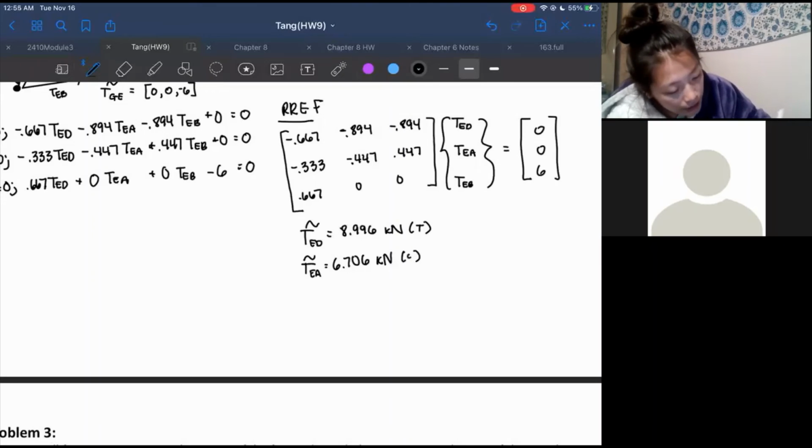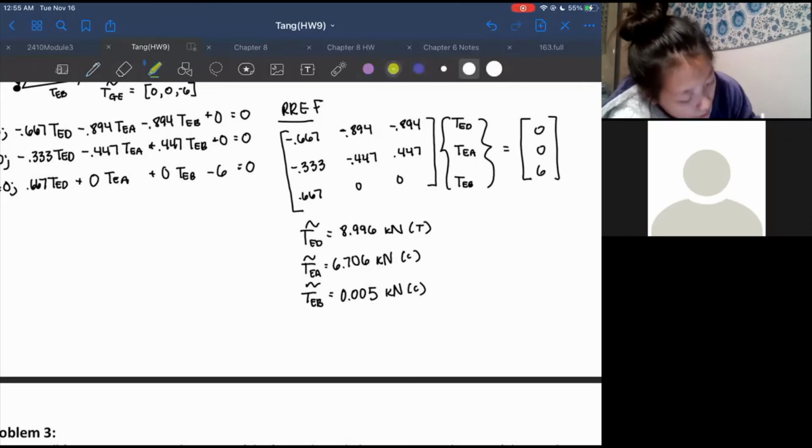And then I got 0.005 for TEB. That was negative, so that'll also be in compression.